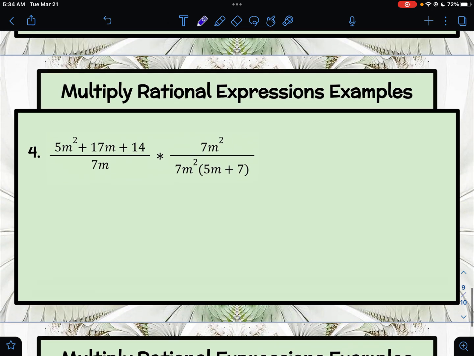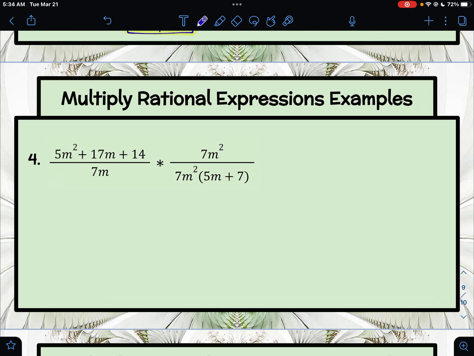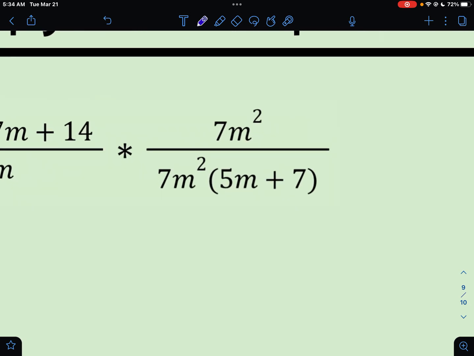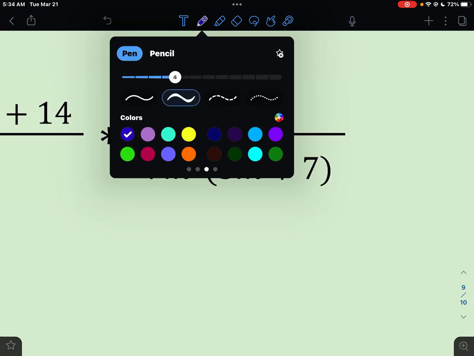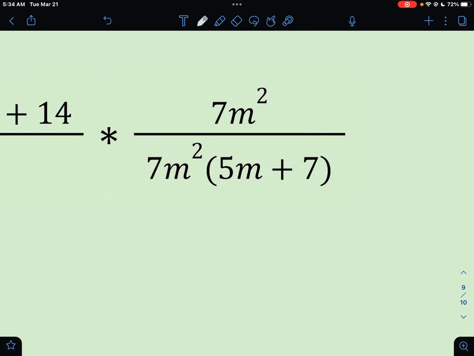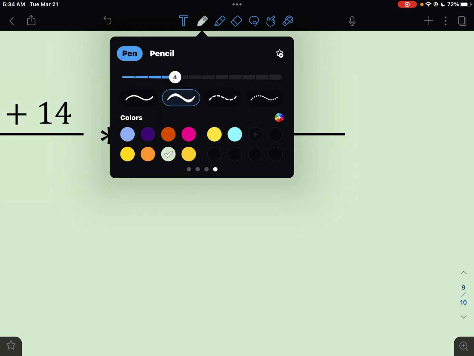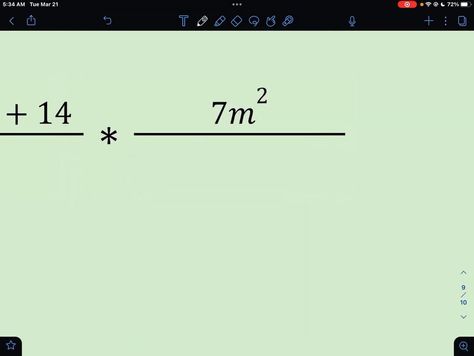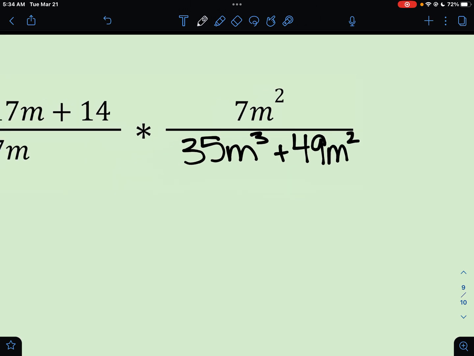All right. Oh, stinkers. Okay, so this on your notes, I gotta fix this here. Bear with me, because this should say (35m to the third plus 49m squared).